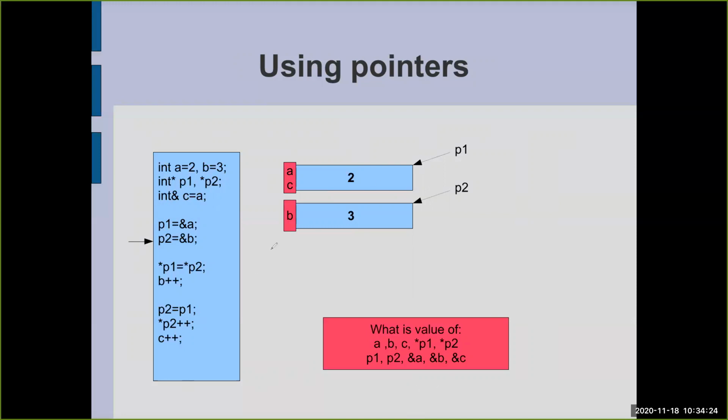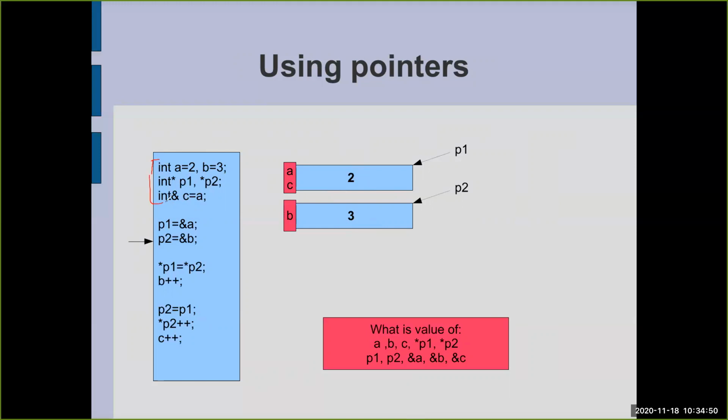Okay, so look, the initial code is like this. I have two variables, A and B. They are independent variables, so they store values in different areas of memory.